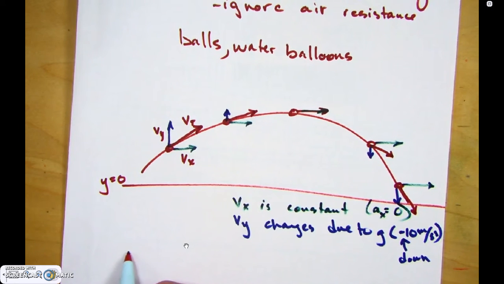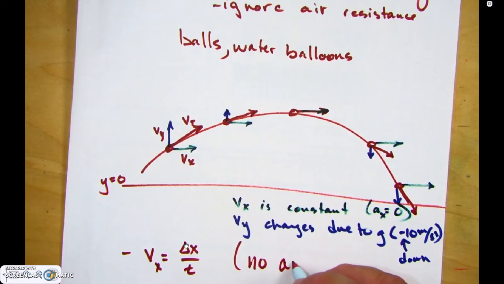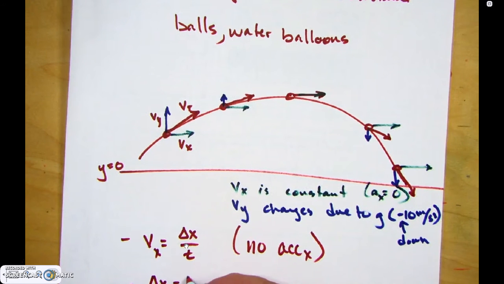Now, mathematically, there's two equations we're going to use. V is equal to delta x over t, but that's v in the x direction. And the key thing to understand is in the x direction, there's no acceleration. Now, the other one we're going to use a lot, we have written it as delta x is equal to vit plus 1/2 at squared.